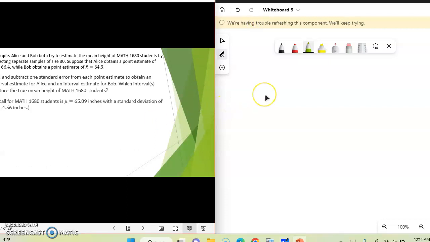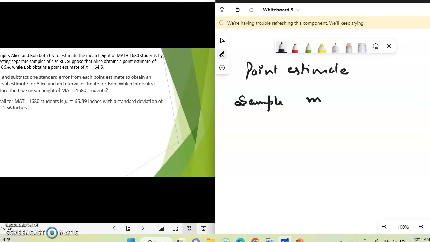So here is an example. Alice and Bob try to estimate the mean height of Math 1680 students by collecting separate samples of size 30. Suppose that we obtain a point estimate. What is a point estimate, first of all? If you are taking a small sample, the sample mean is called the point estimate for the population mean.